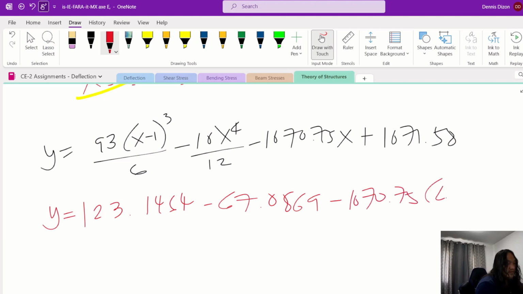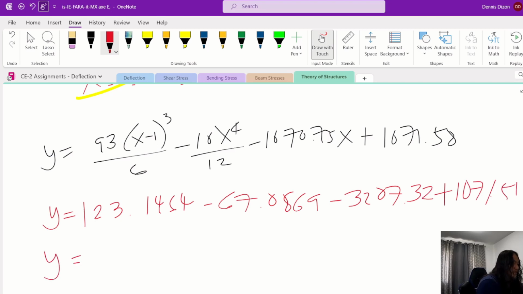Then minus 1070.75 times 2.9954. This is minus 3207.32, then plus 1071.51.